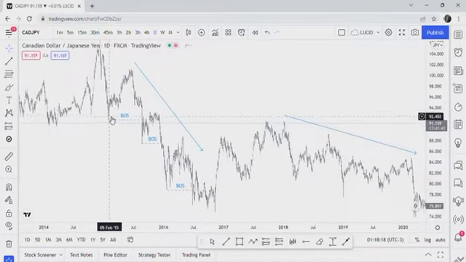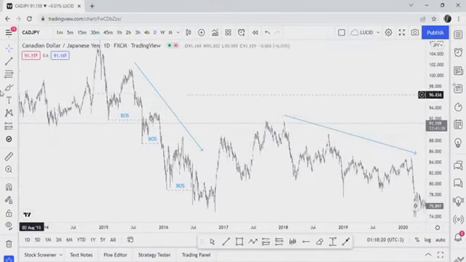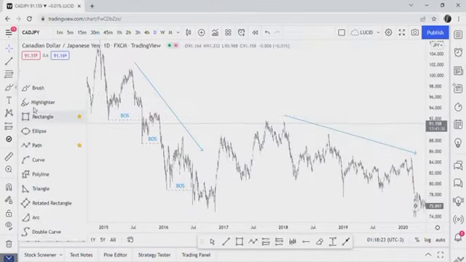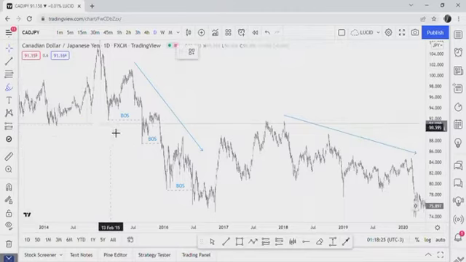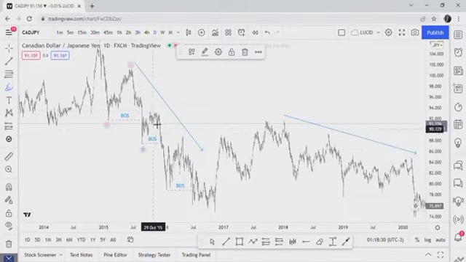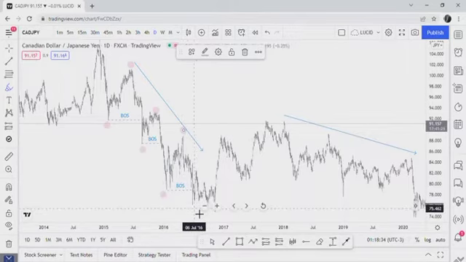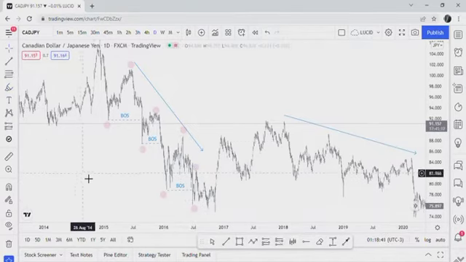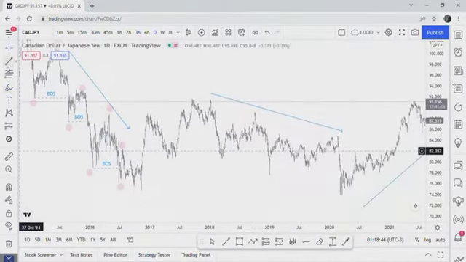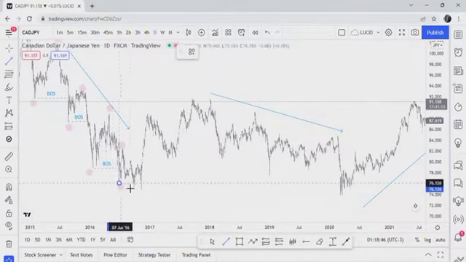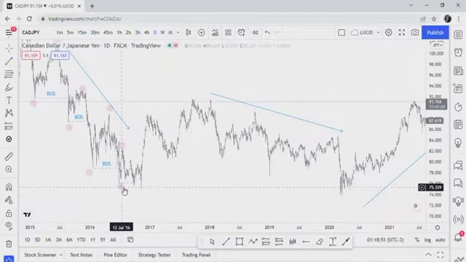It was a swing low, swing high, swing low, swing high, swing low, swing high. Then we have these two little lows, right? So break of structure. Okay, sorry, this low and this high.